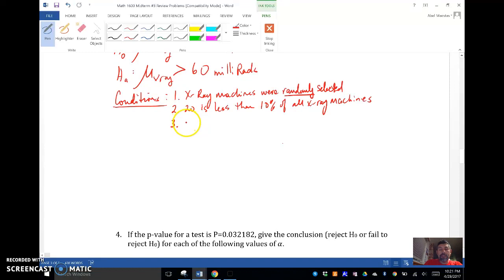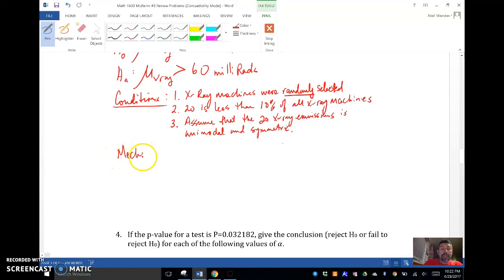In this case, we're going to assume the X-ray emissions of the 20 X-ray machines are unimodal and symmetric. You will be able to see that in the histogram on the test. You just have to make reference to it and tell me that it is, so that you can go and use the T model.